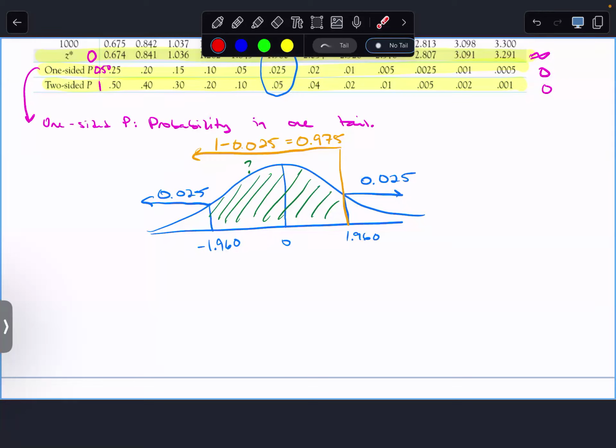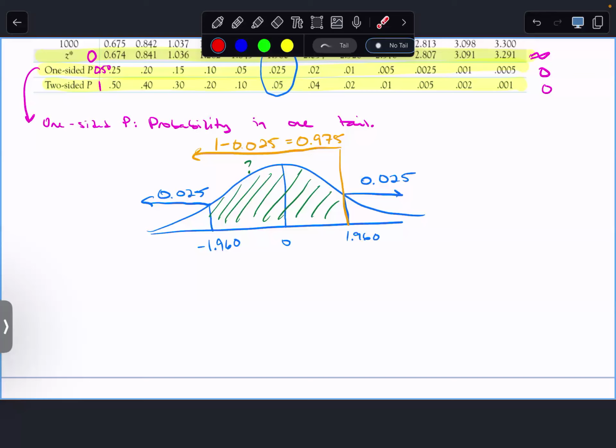I think we see it. Or maybe not yet. But we have this piece.